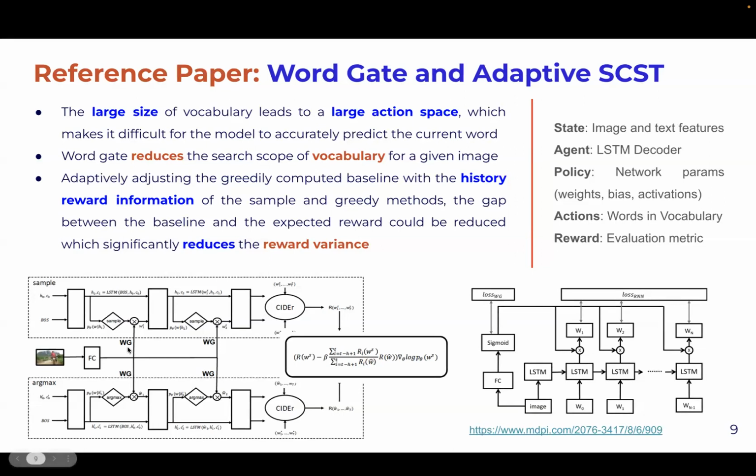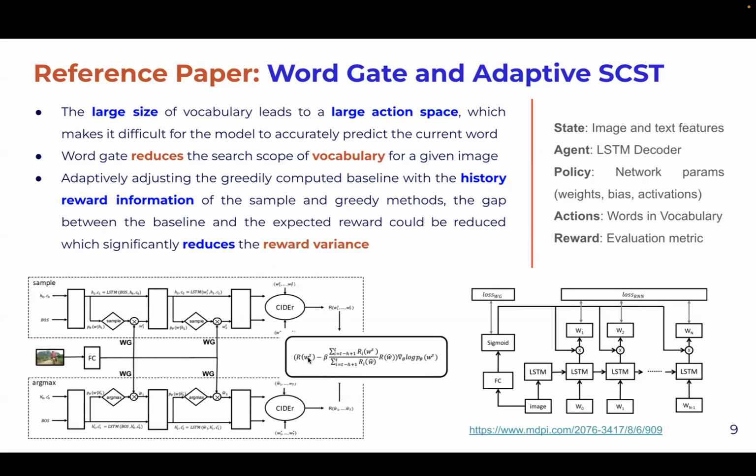Whichever words actually represent the image will have their probabilities amplified, and all other irrelevant words will have their probabilities suppressed. In that way, the model will be able to choose only the relevant actions, and all other irrelevant actions are discarded. That's the advantage of this word gate model: it is reducing the action space.